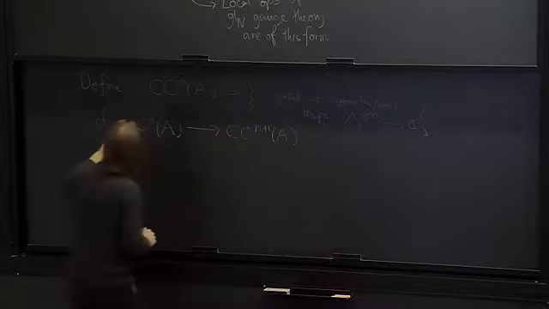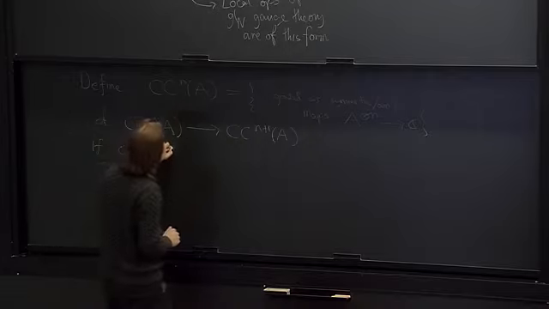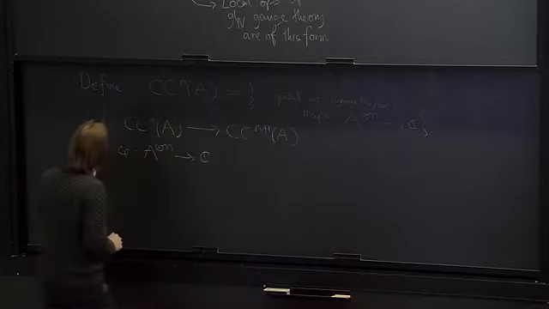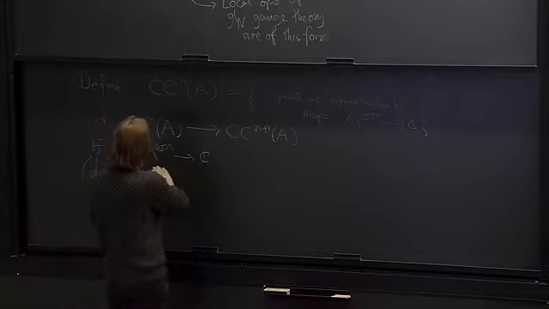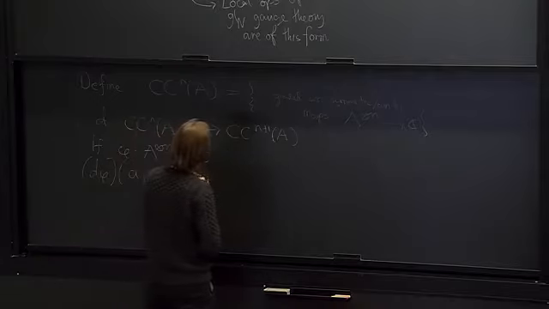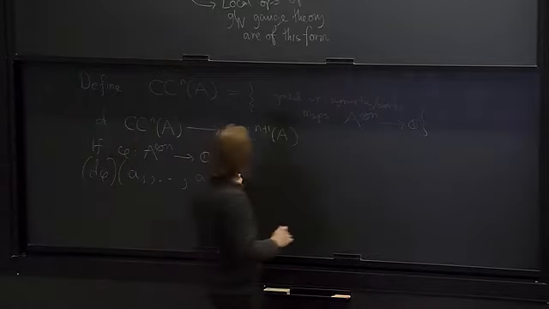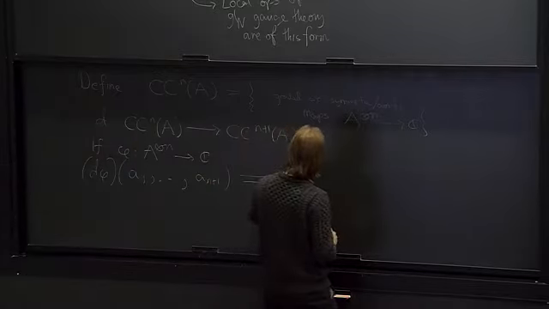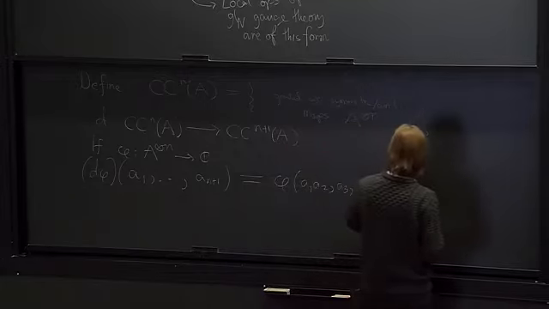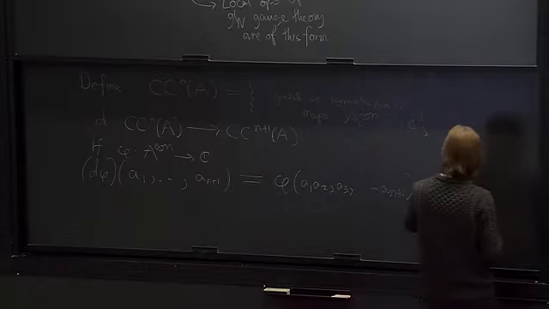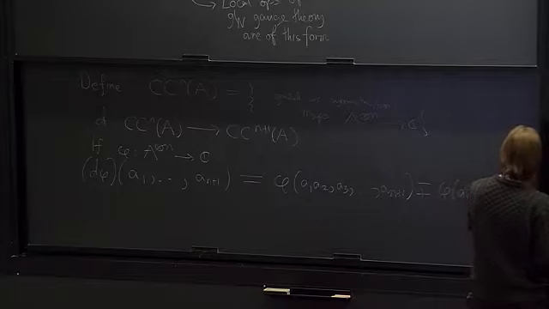as follows. If I have some phi from A tensor n to C, then d phi, applied to n plus 1 inputs A1 through A_{n+1}, is phi(A1A2, A3, ..., A_{n+1}), minus plus phi(A1, A2A3, ...), and so on.